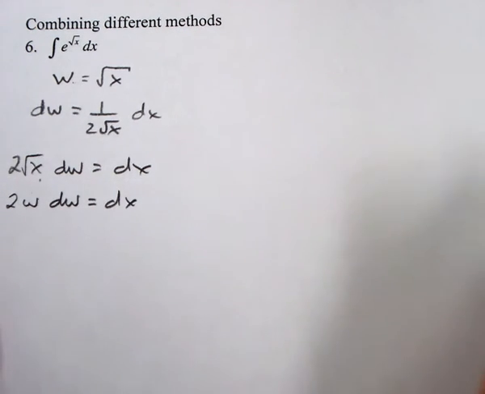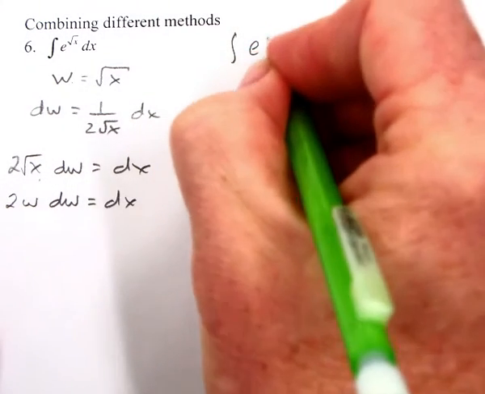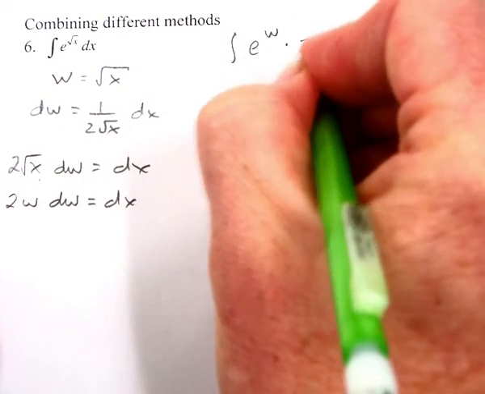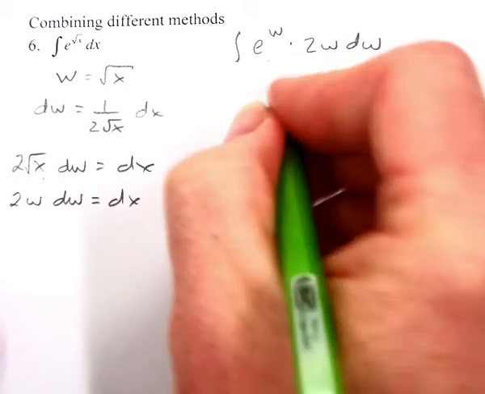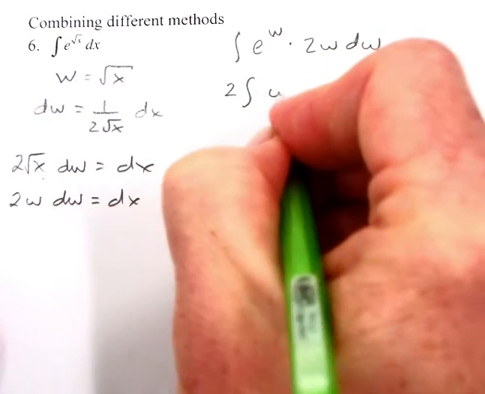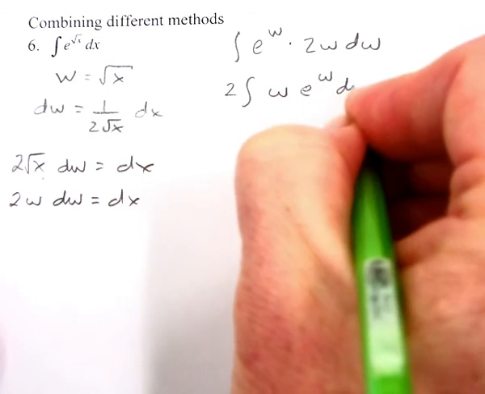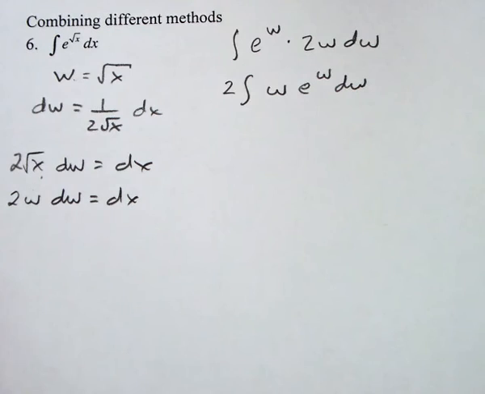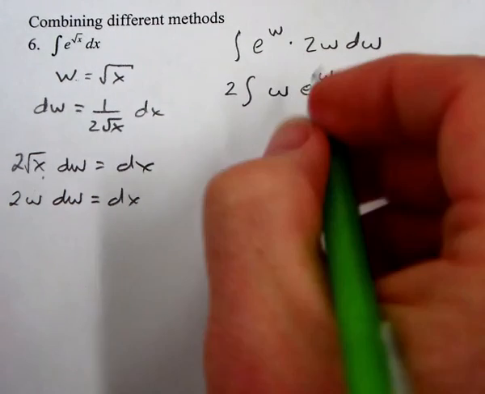Now let's substitute in. We have the integral of e to the w times 2w dw. Now look at that. I'm going to pull that 2 out. So we have the integral of w e to the w dw. And now you can see why I'm doing this with integration by parts.